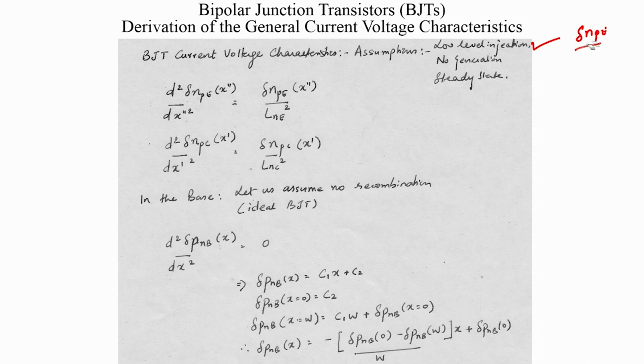Then there is no generation, that means we are not shining light on the BJT. There is no photo generation of carriers, and we are talking only about steady state, not transient. So the continuity equation will not have a time component here.